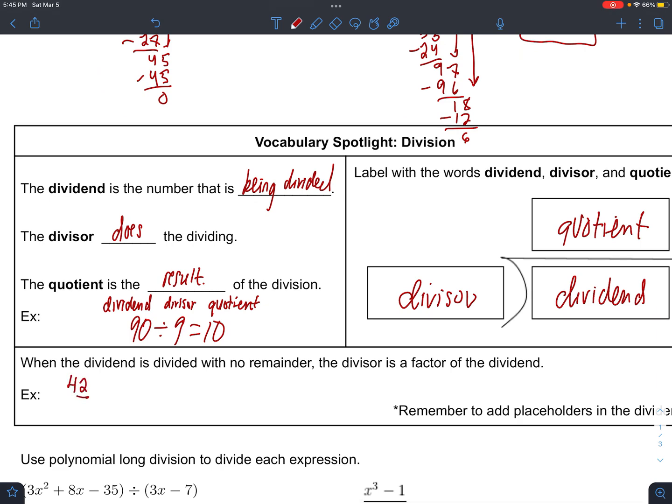Okay. So if I say 42 divided by 6 is 7, that means 6 is a factor of 42.